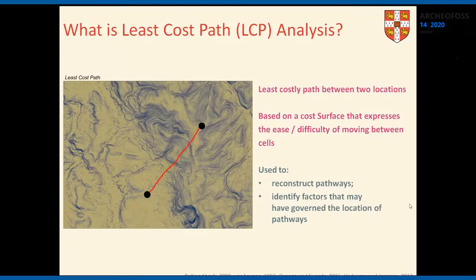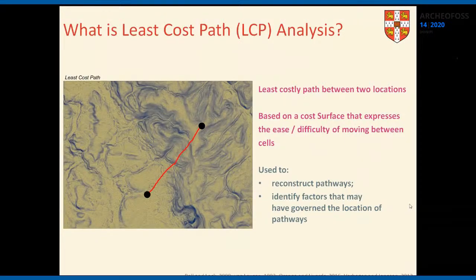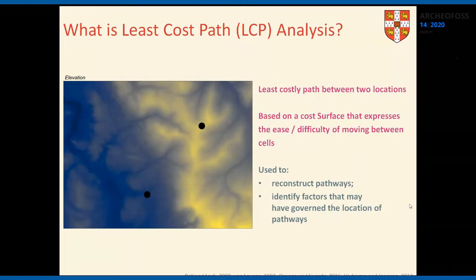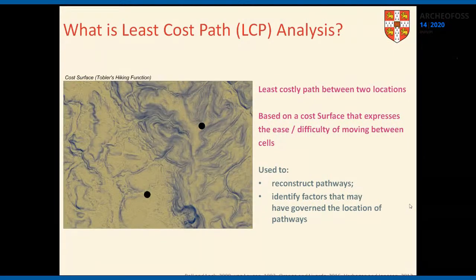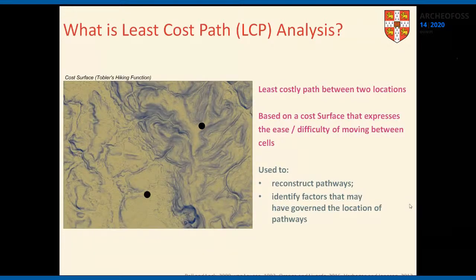It's used to reconstruct pathways and also to identify factors that may have governed the location of pathways. So as you can see on the image here, you have your elevation, you create your cost surface, in this case Tobler's hiking function, and then you can create your least cost path.